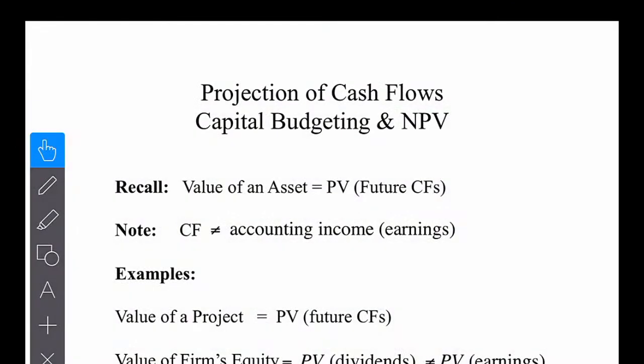So basically your case is outlined, the solution is outlined here in the notes. So we want to create a projection of cash flows for capital budgeting using NPV. Now I don't have to use NPV, I just taught you a number of techniques, including the internal rate of return, so you could just as well calculate the internal rate of return, and we're going to learn about that, okay?